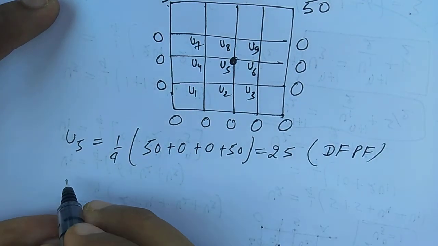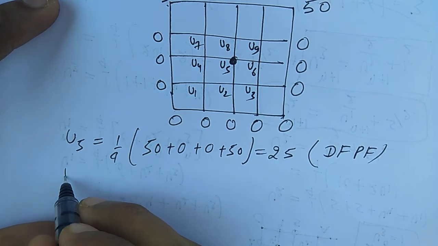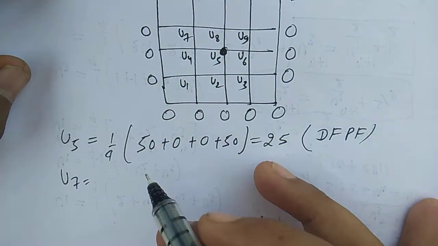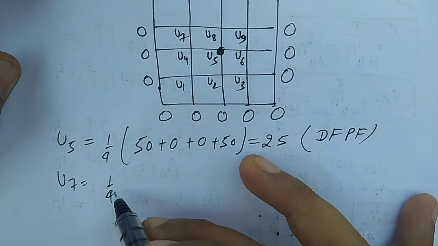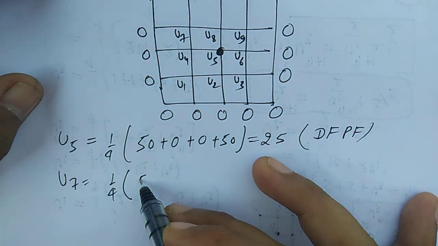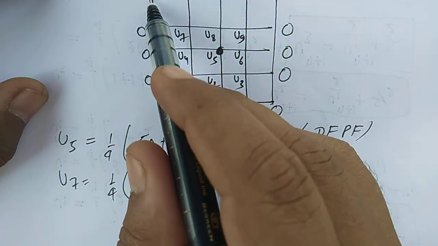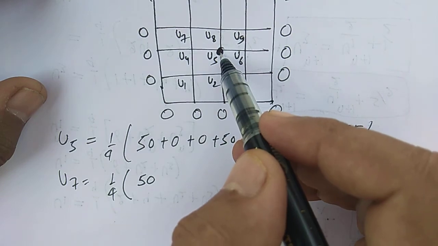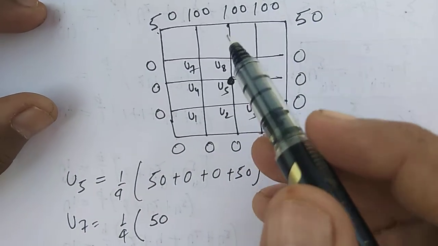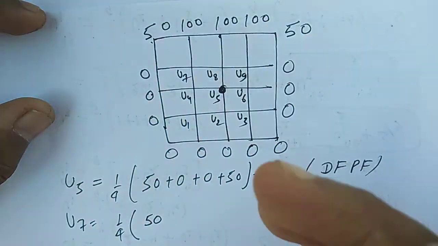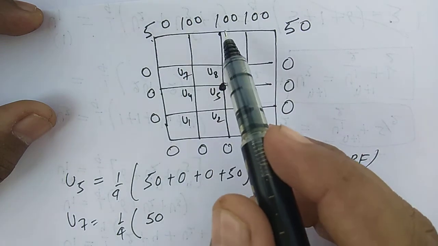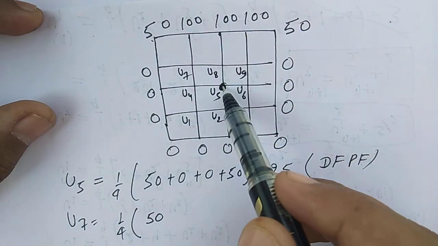Fine. Then we can have u7. So u7 equal to 1 by 4 of, using the diagonal points, 0, 100, 50 and u5.